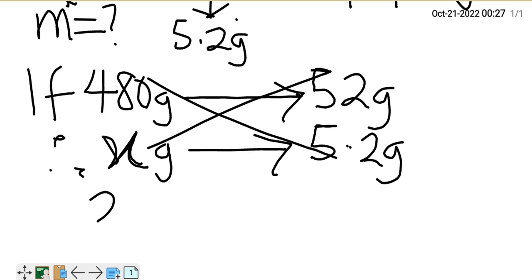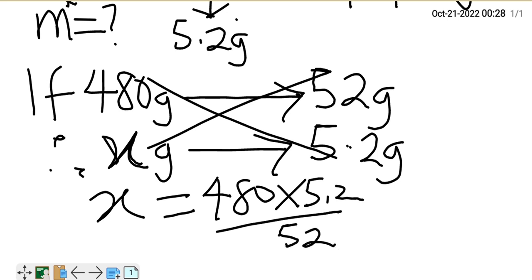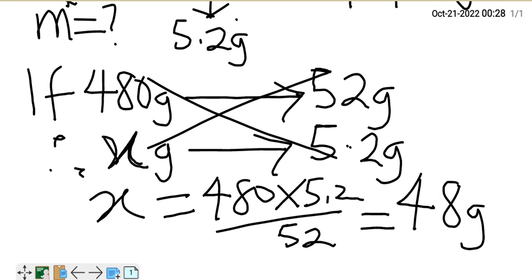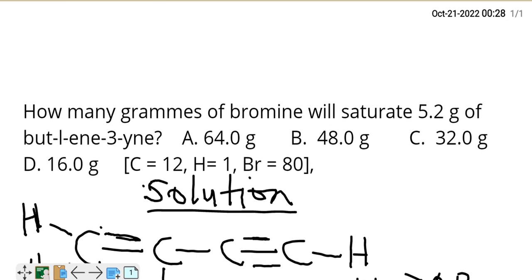If you cross multiply from here, X is 480 times 5.2 divided by 52. And the answer you will arrive at here is 48 grams. That is the answer to the question. So our answer to the question is option B.